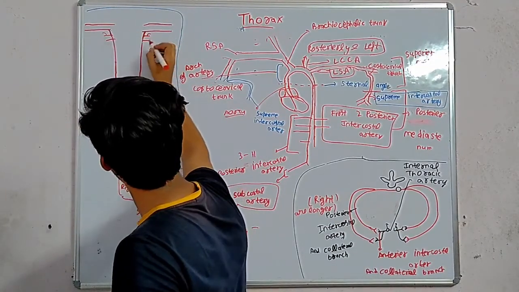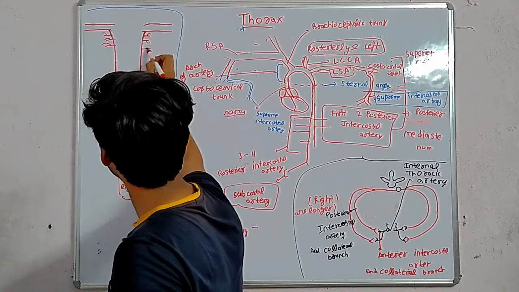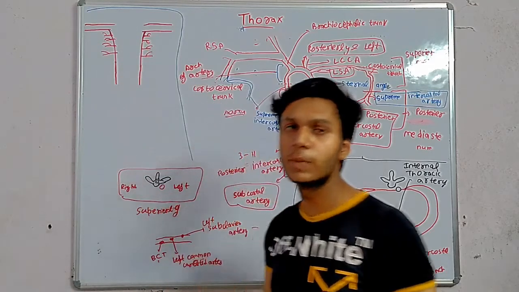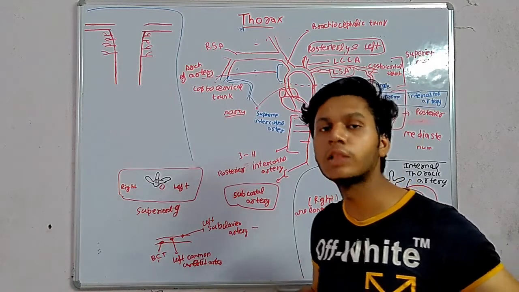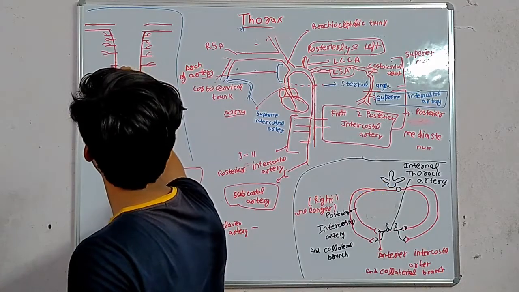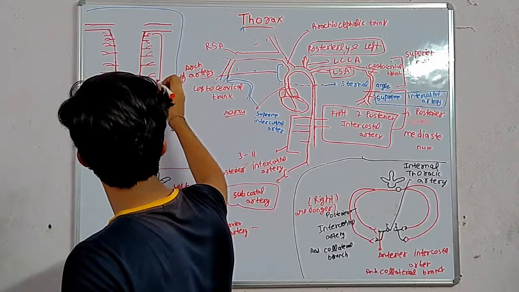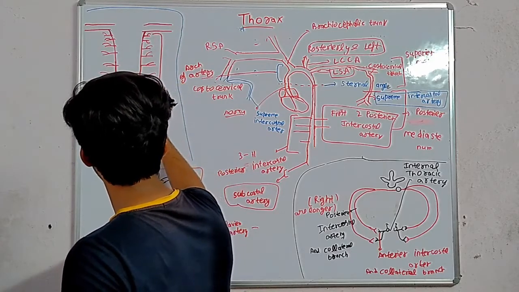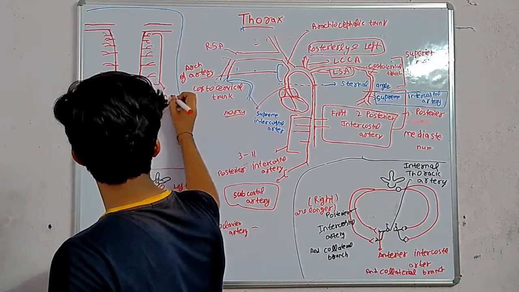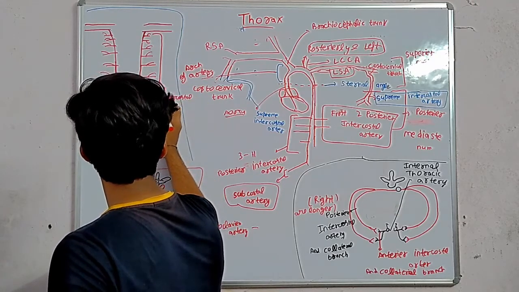The first 6 intercostal spaces are supplied, because anteriorly two intercostal spaces are not formed, as the 11th and 12th ribs are not attached to the sternum. So anteriorly, the first 6 intercostal spaces are supplied.